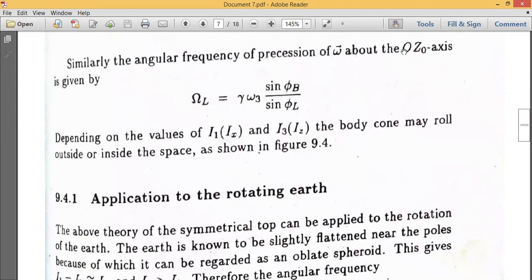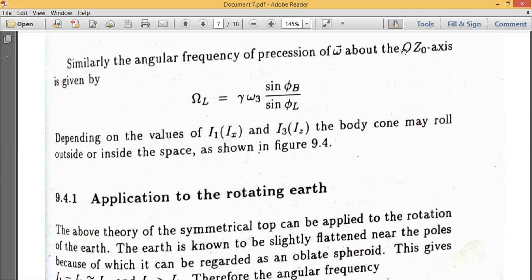Similarly, the angular frequency of precession of omega about the OZ naught axis is given by omega L is equal to gamma omega 3 sine phi b divided by sine phi L. Depending on the values of I1 and I3, the body cone may roll outside or inside the space cone, as shown in figure 9.4.